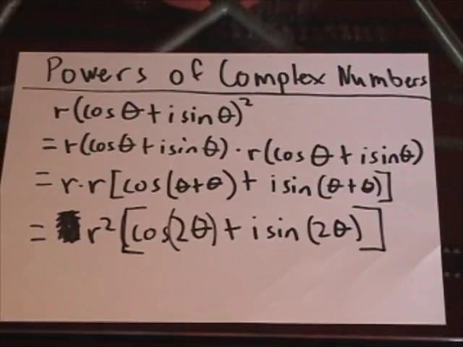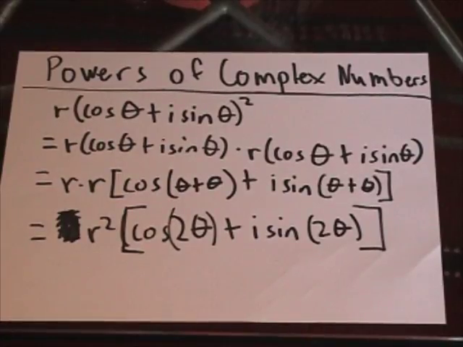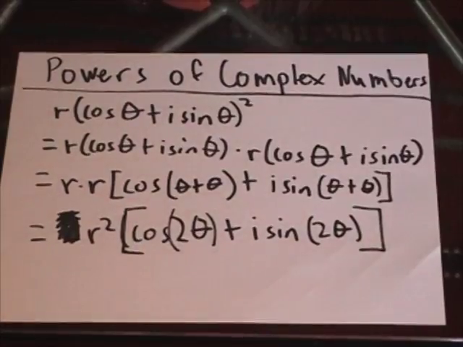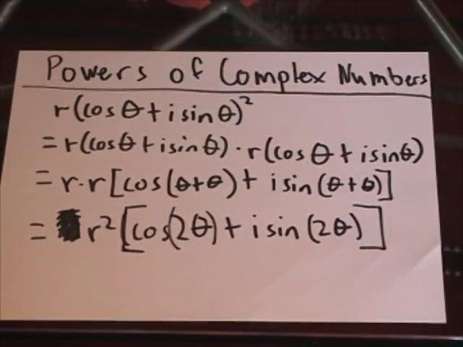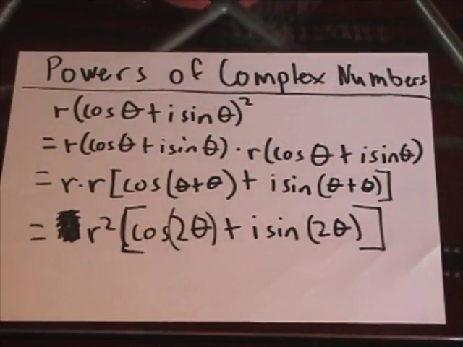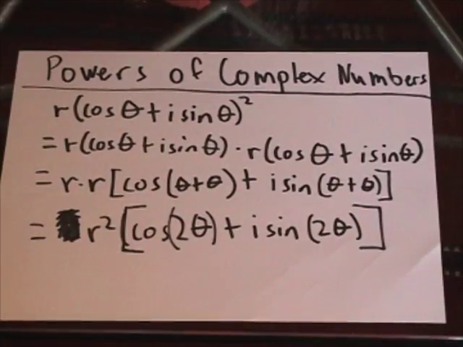Powers of complex numbers. To figure out the theorem for powers of complex numbers, here's a proof. So here we have r times the quantity cosine theta plus i sine theta, squared, which is the same thing as r times the quantity of cosine theta plus i sine theta times r times the quantity cosine theta plus i sine theta.